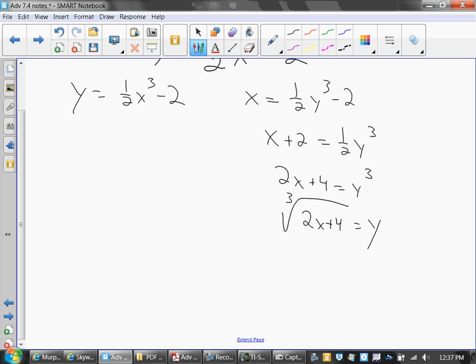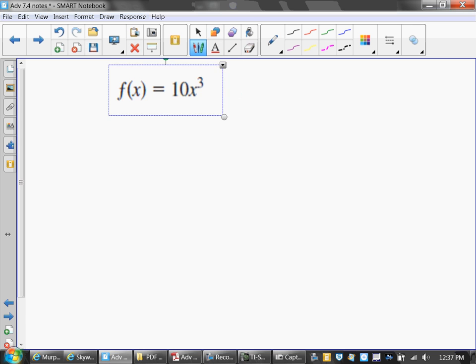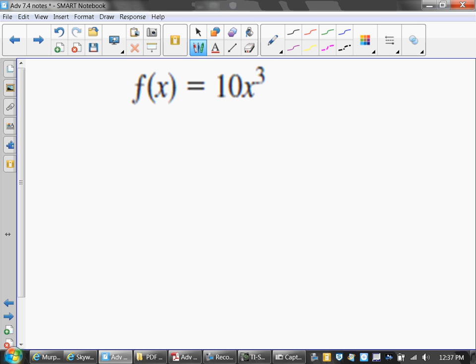All right? Let me give you one more example and then I'll give you some problems. f of x is 10x cubed. What I'd like you to do is try it in your calculator to see if it passes the horizontal line test. If it passes, then give me the inverse of this, please.